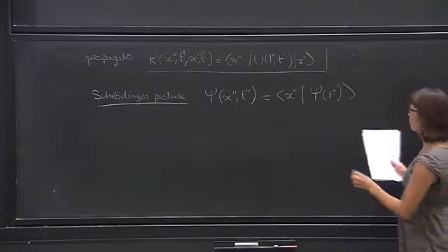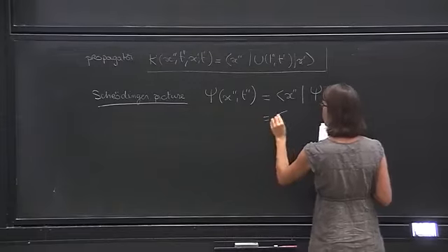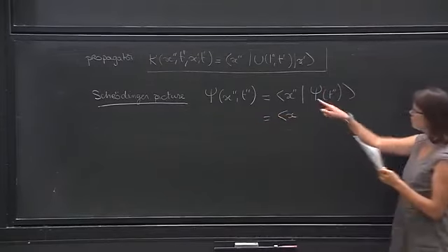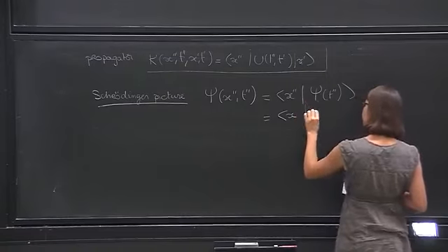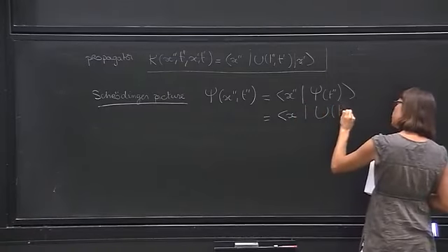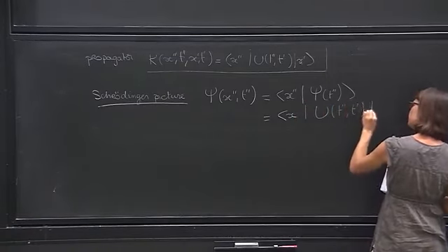and now I can say that this can be seen as a time evolved vector from a previous time t prime.